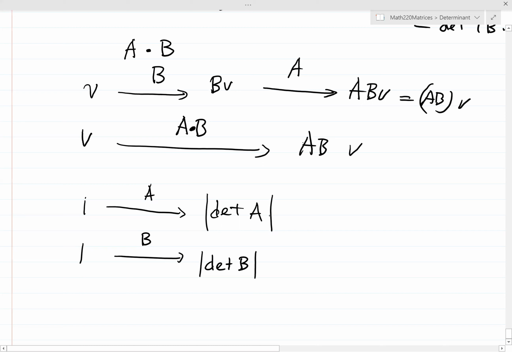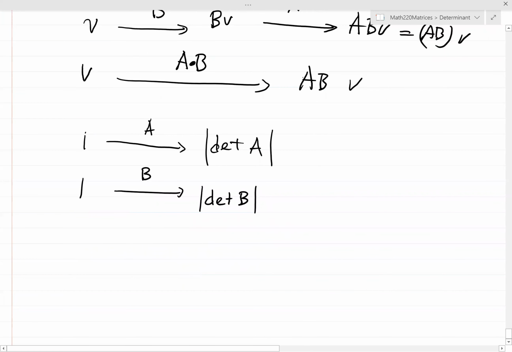Think about this in terms of the skew factor. What a matrix does is change the volume by the determinant. If you think about this, it will be trivial.